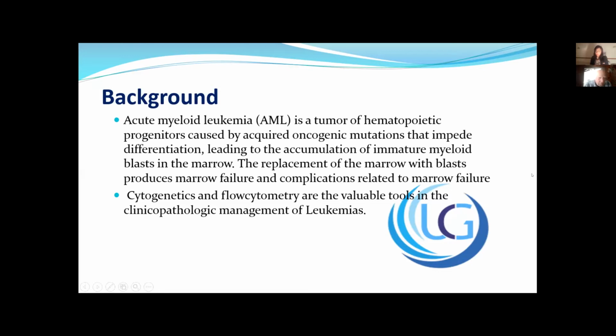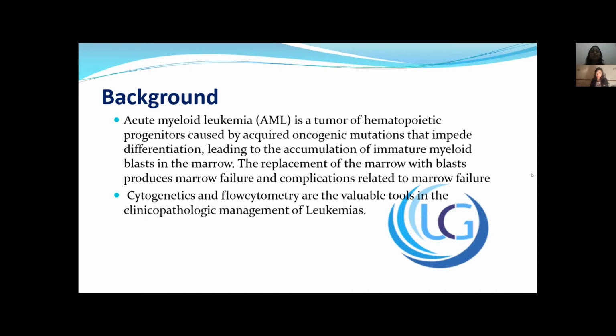Coming to the background, acute myeloid leukemia. Since I have a great interest in hematology, that is the reason for choosing this topic. Before coming to the topic per se, I would like to thank the UCG platform for giving me this opportunity for my poster presentation.